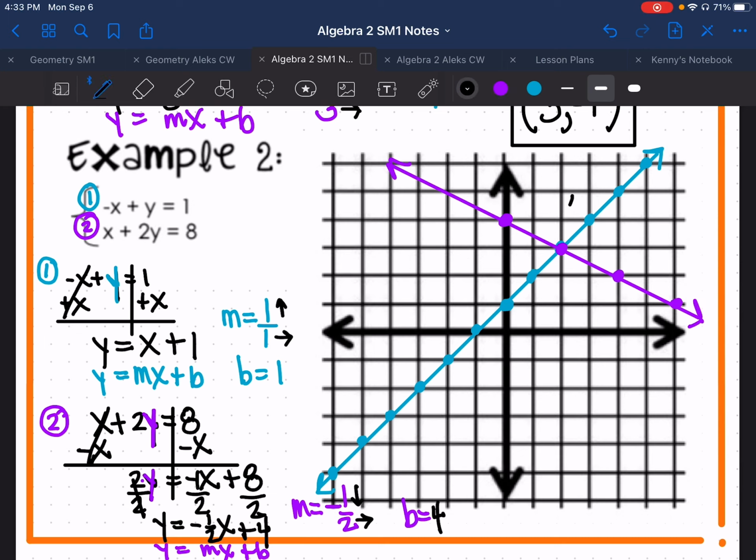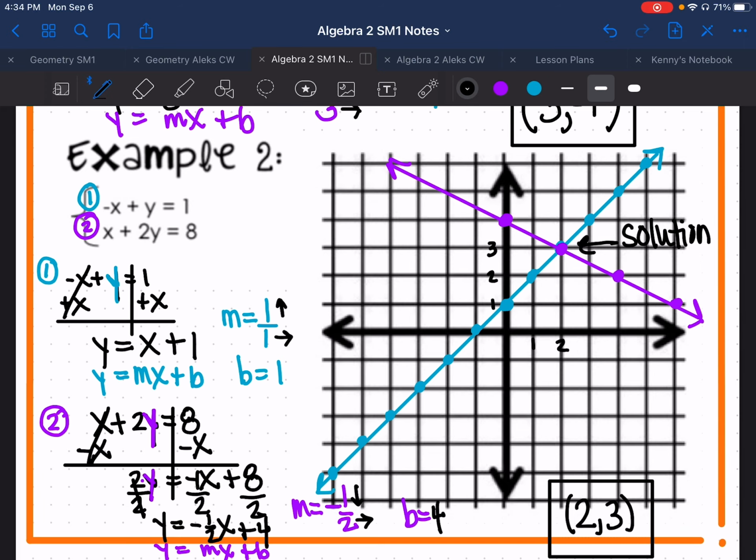Here is our solution. Ooh, you know what? Let's put it like this. There is our solution. It is 1, 2, comma, 1, 2, 3. 2, comma, 3. There we go.